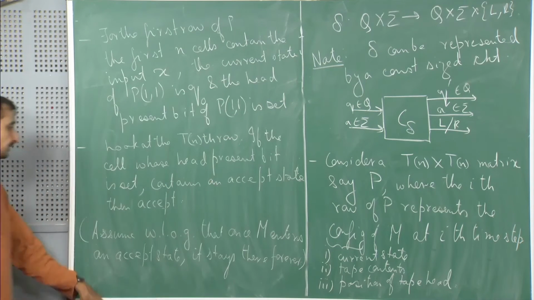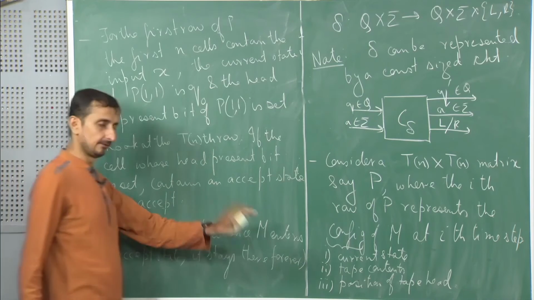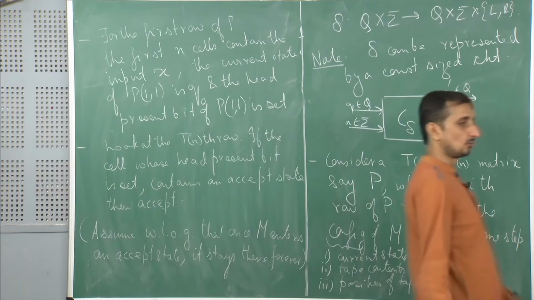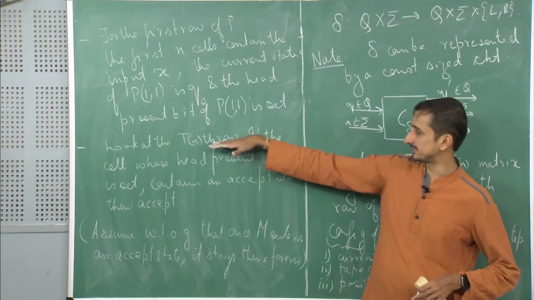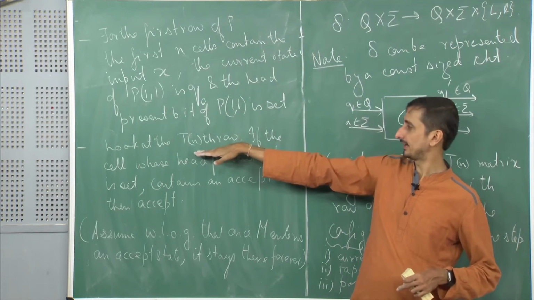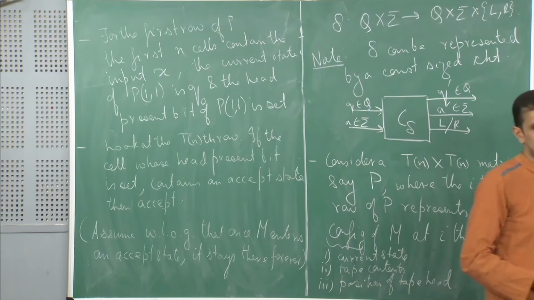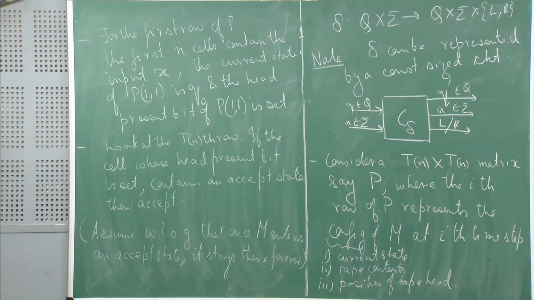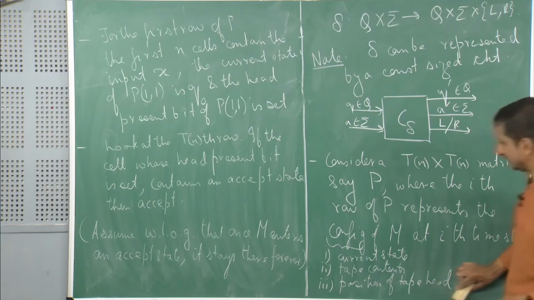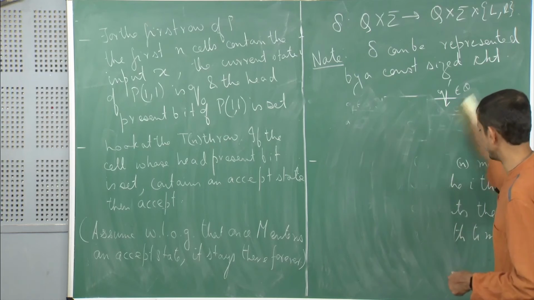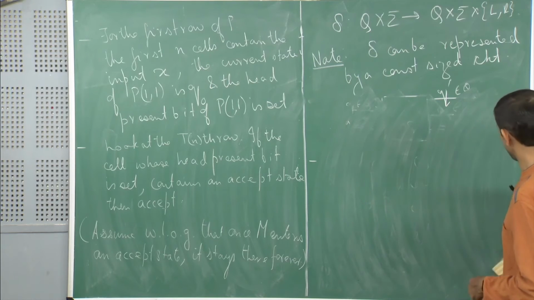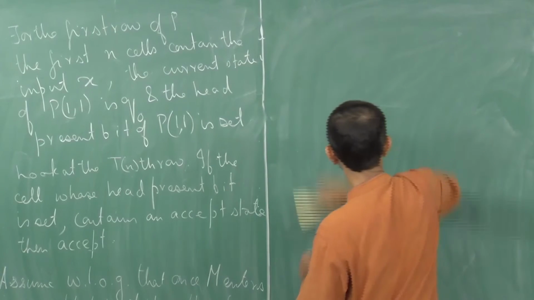You can modify the transition function to make sure that from an accept state it does not go to any other state. So, we know that if it had entered an accept state at any row, it will remain at an accept state in the last row as well. So, this is more or less the entire proof. So, what have we got as a result?